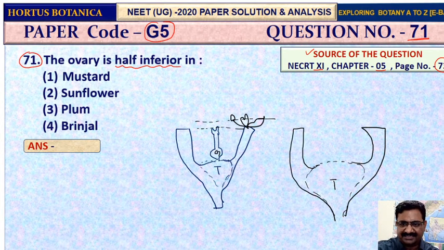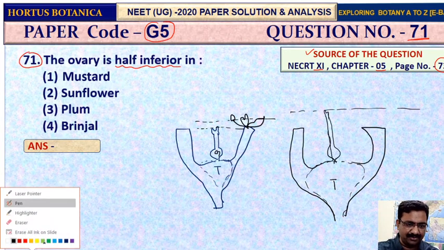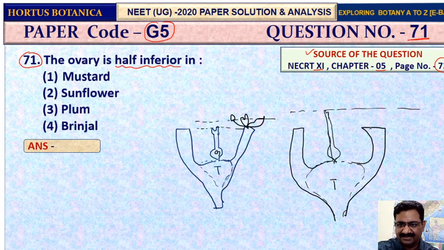In this case you will find the gynoecium position a little up. And the other floral whorls, androecium, corolla and calyx, are almost the same, but here they are a little below the gynoecium.